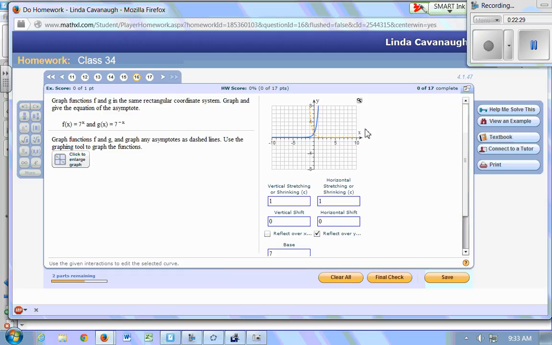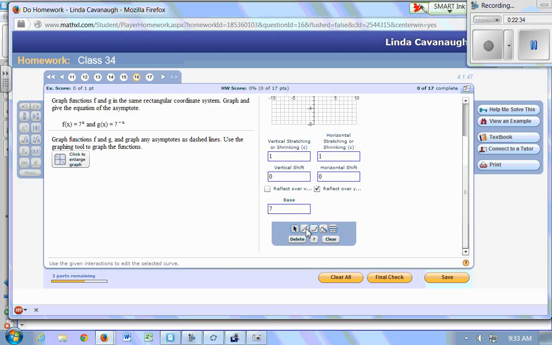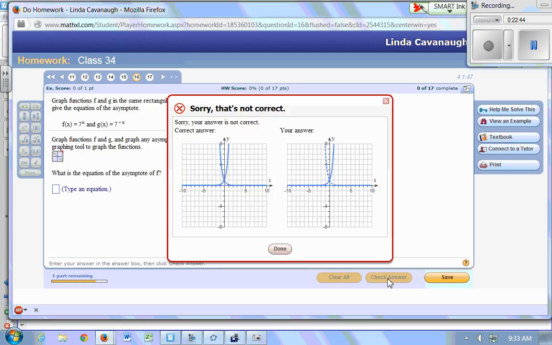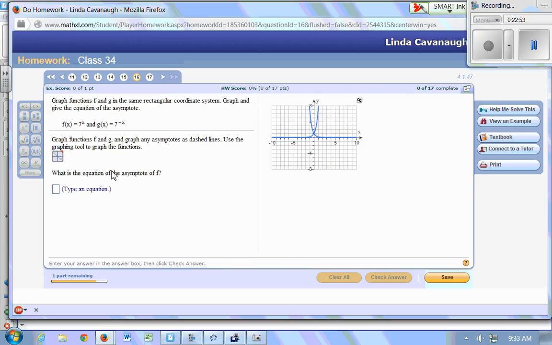Gonna graph the asymptote. Okay. Yep. Yeah. That's a pain.